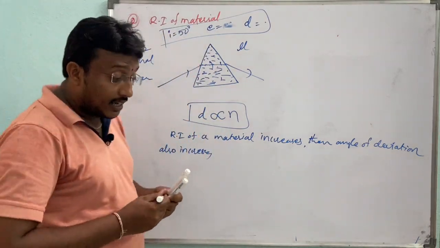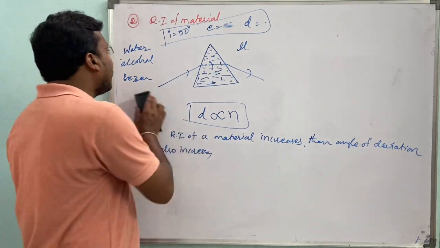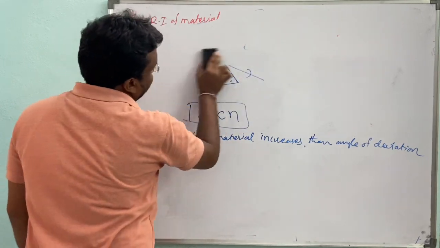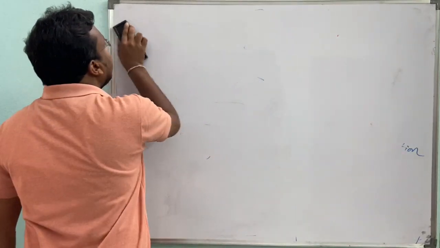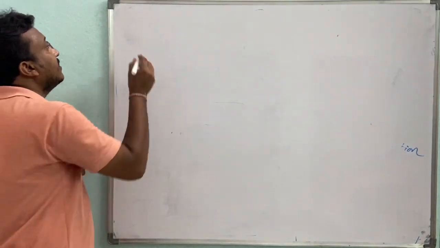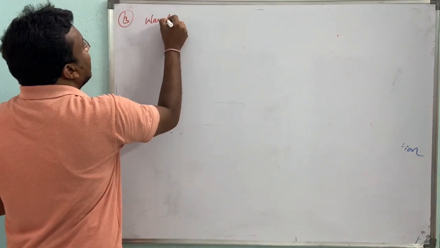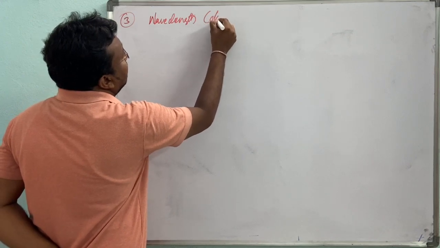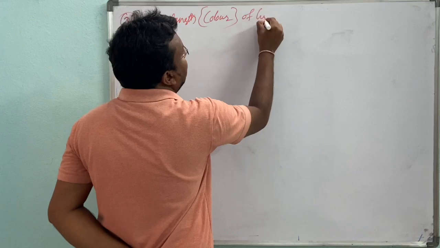And I said the angle of deviation depends on wavelength. The third factor is that the angle of deviation depends on the wavelength of light used, or you can take it as the color of light used.